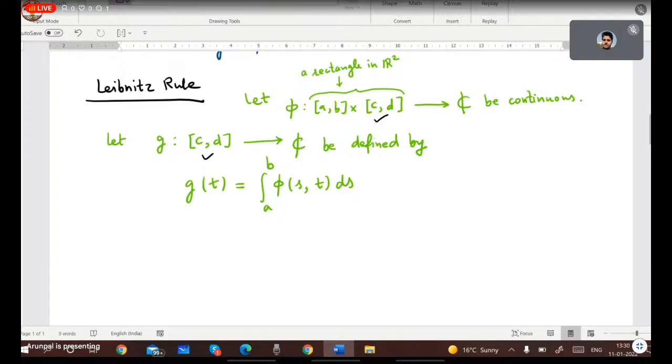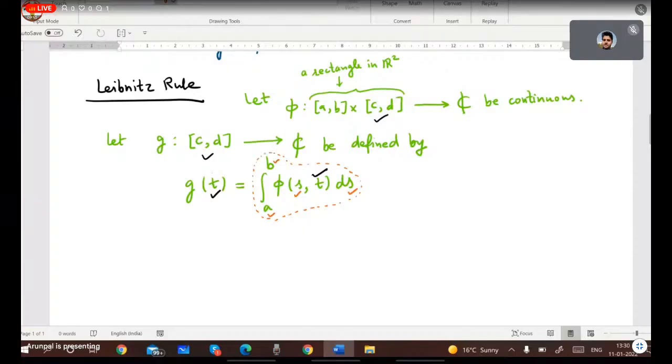As you can see, g is a function of the variable t, because, class, take note that here you are taking integration with respect to the variable s, and because the limits of integration are fixed, when you compute it, this overall expression comes out to be nothing but a function of t.